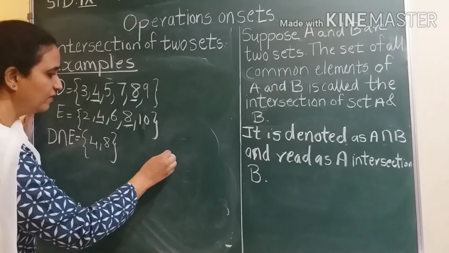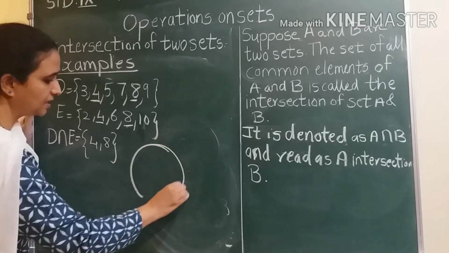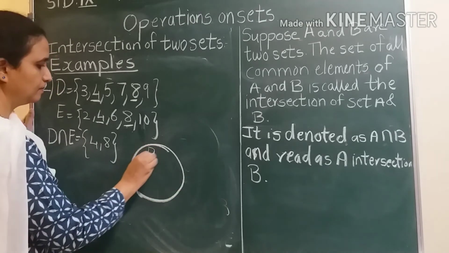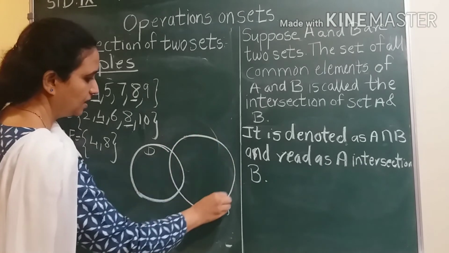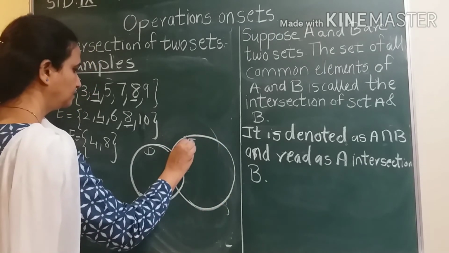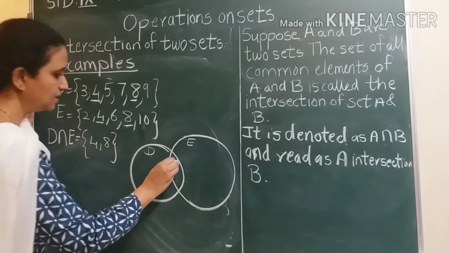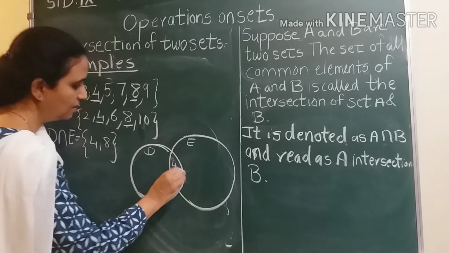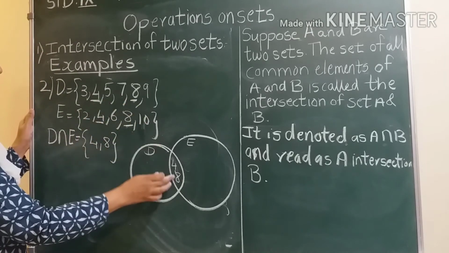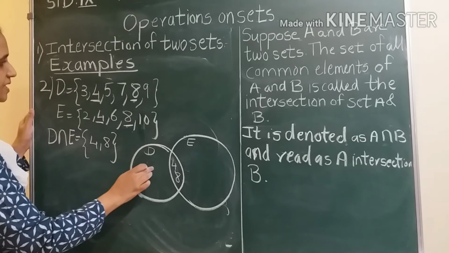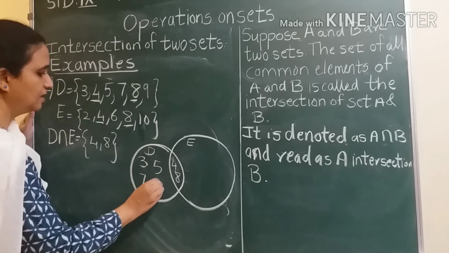Now the same we will show by using the Venn diagram. So this is set D, set E. Intersection will show the common elements 4 and 8 in this area. Now we'll complete the set D. 4 and 8 we have already written over here. So the remaining elements we will write in set D: 3, 5, 7, 9.